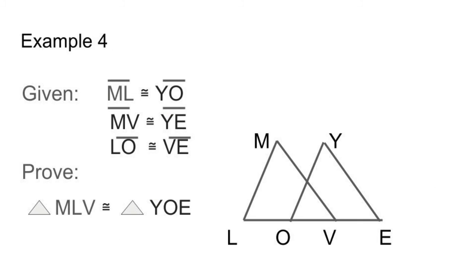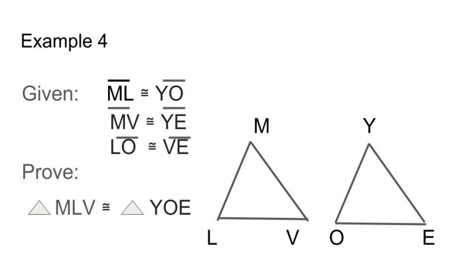Example 4. Given segment ML is congruent to segment YO, segment MV is congruent to segment YE, segment LO is congruent to segment VE. Prove triangle MLV is congruent to triangle YOE. The two triangles overlap, and if you're going to separate the two triangles, it looks like this.